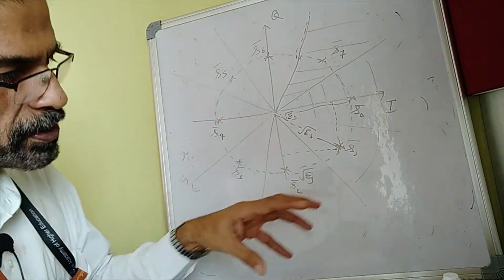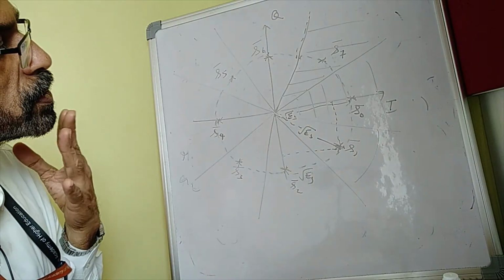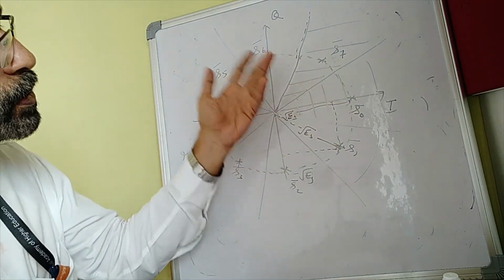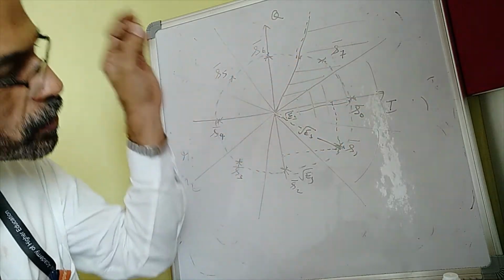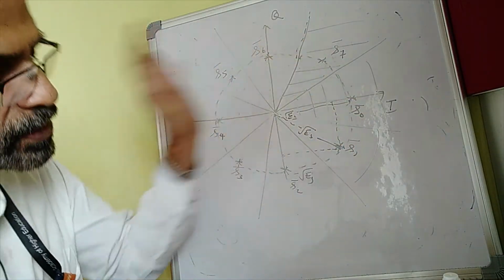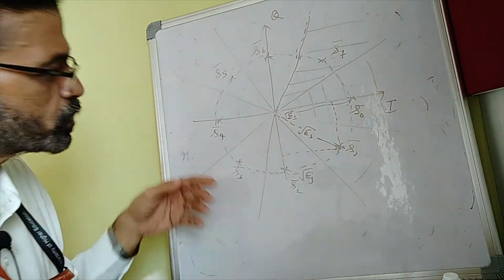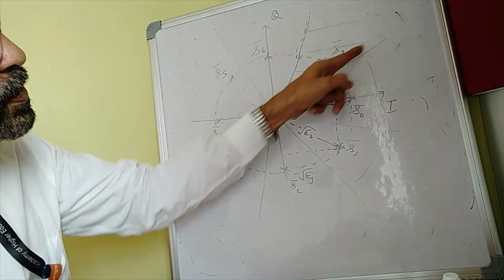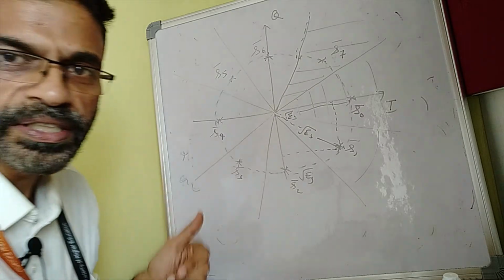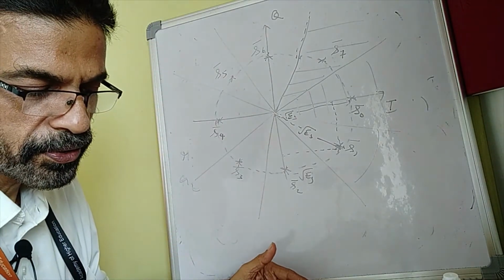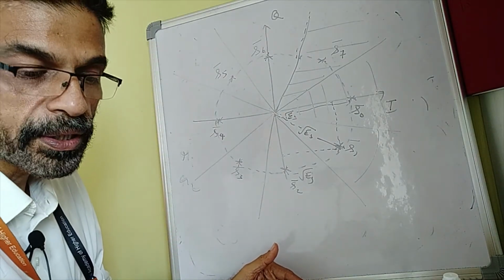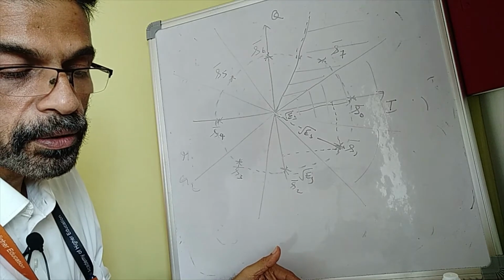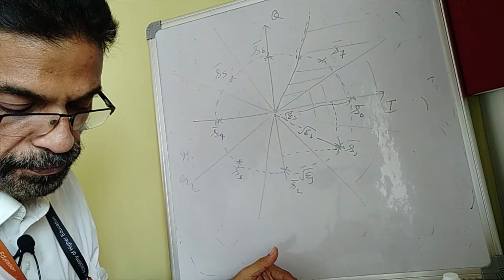This is how the decision happens: in whichever region that point lies, you declare the symbol corresponding to that region as the transmitted symbol. Just as an example, if R1 and R2 are such that you land in this region, you declare S7 is the transmitted signal, or the corresponding symbol was transmitted.